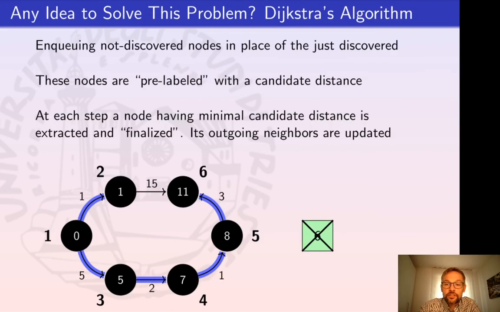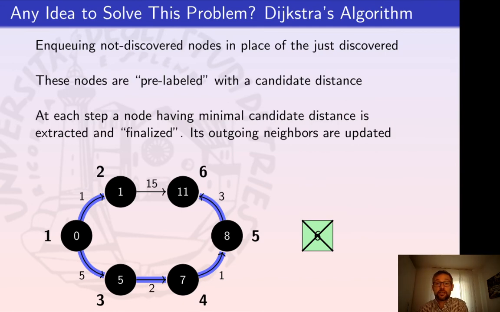We will deal with all the details during the next lesson, that will be on Thursday, I think. So this is enough for today. I think you have so many things to understand up to now. But the idea, let me repeat just once more: the idea is to move the attention from the just discovered node to the undiscovered node.